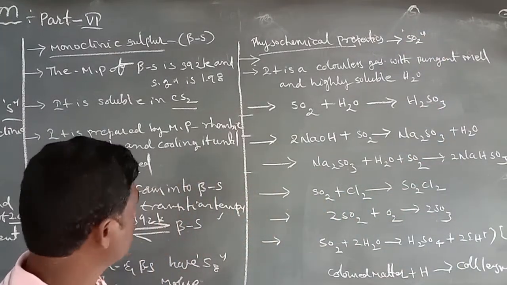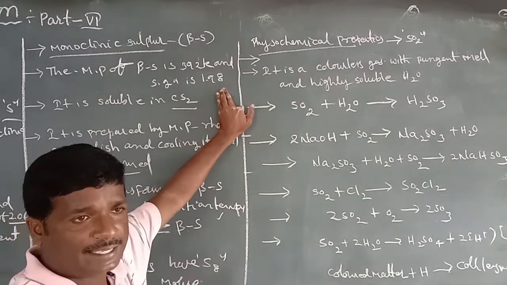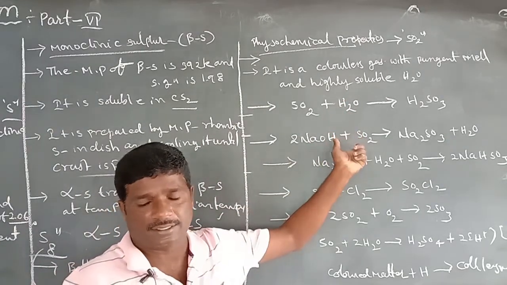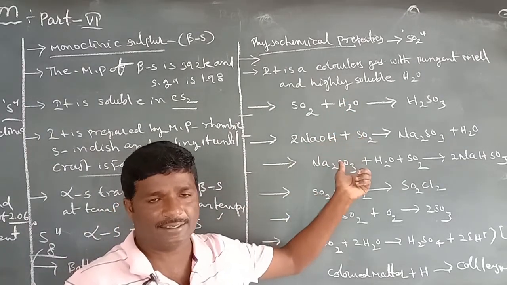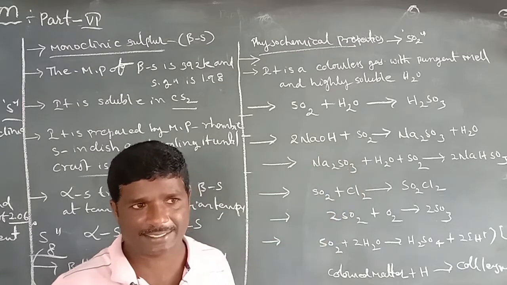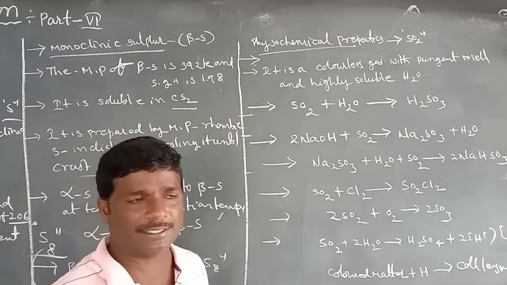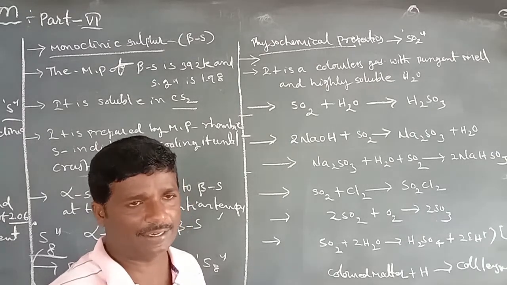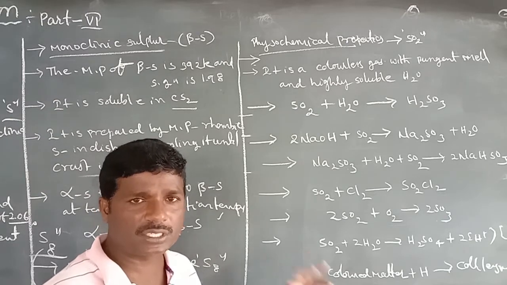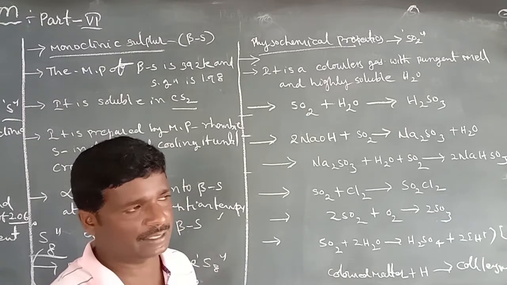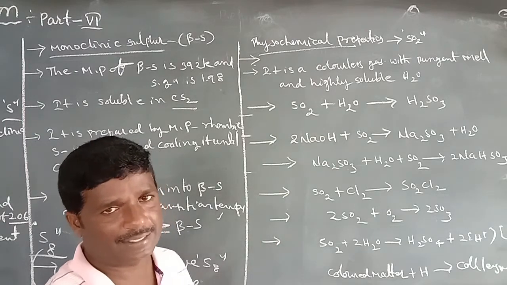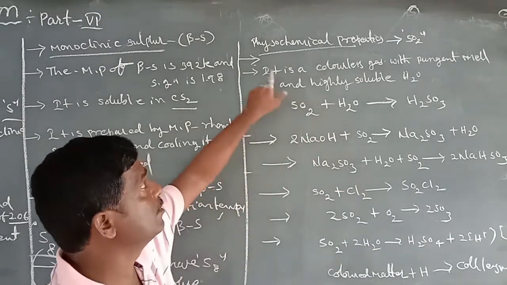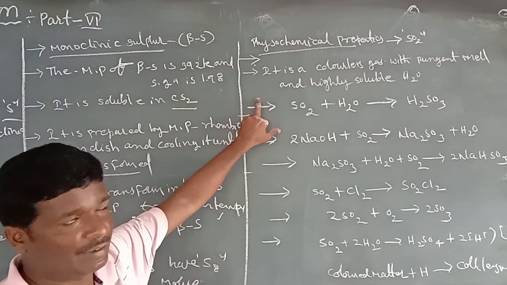Sulfur dioxide is prepared by 3 reactions: sulfur burning in air, first reaction; second, sulfites treated with sulfuric acid in the laboratory; and third, for industrial purposes, roasting of iron sulfide minerals with oxygen in the presence of the atmosphere, forming sulfur dioxide. Next, another one: physicochemical properties of sulfur dioxide.